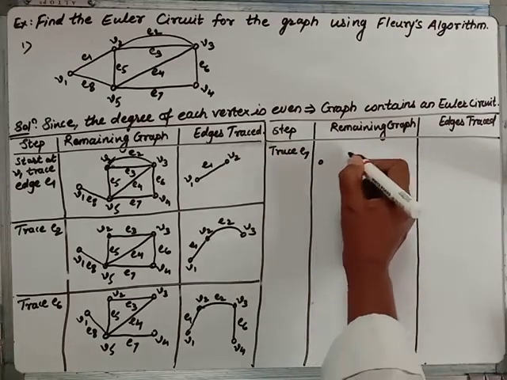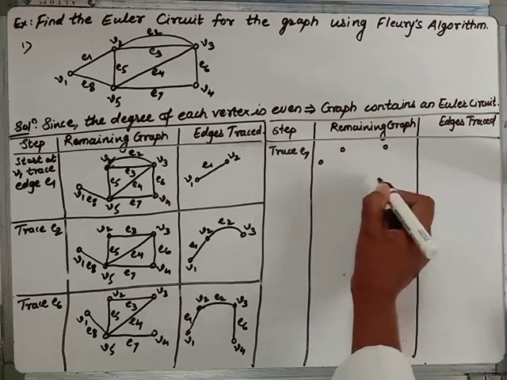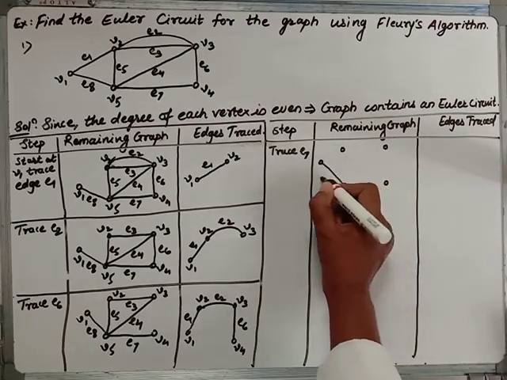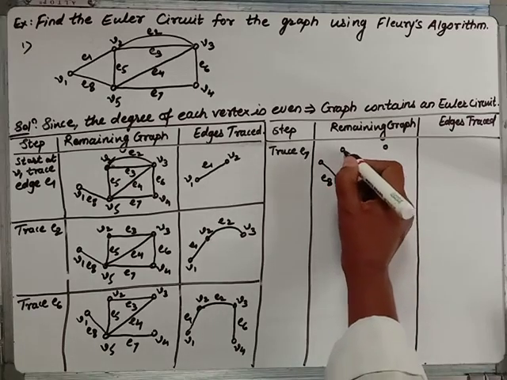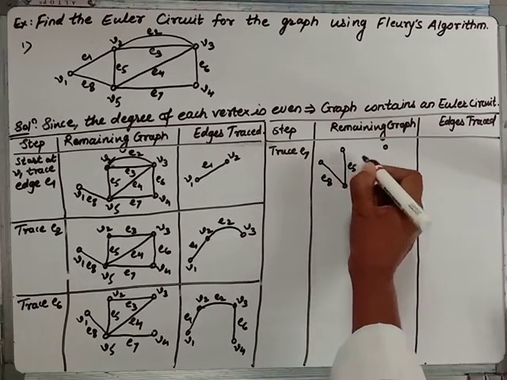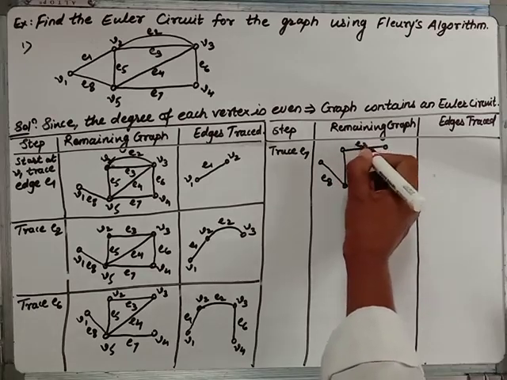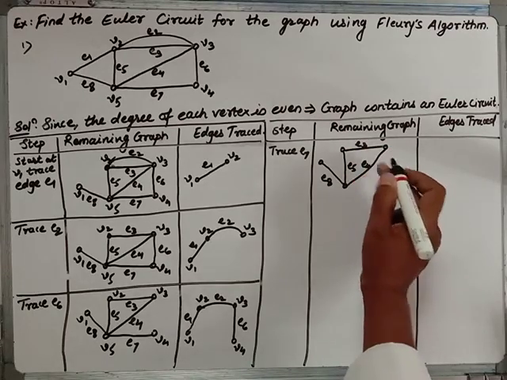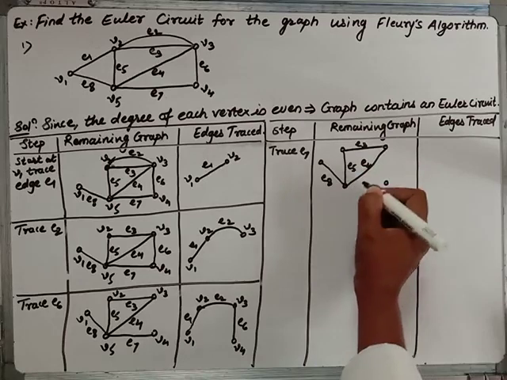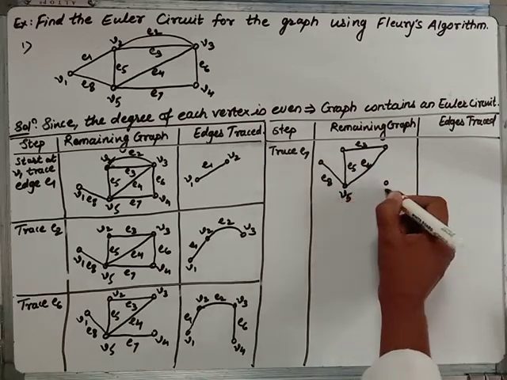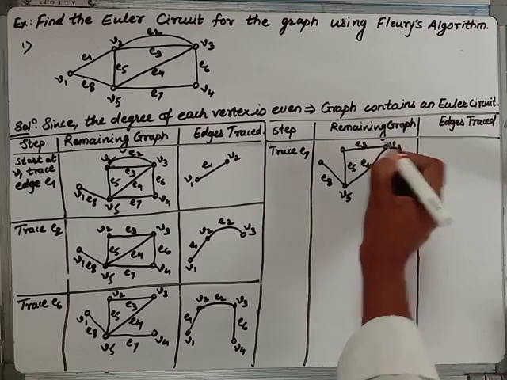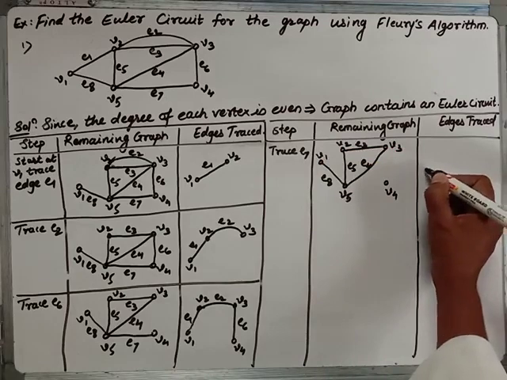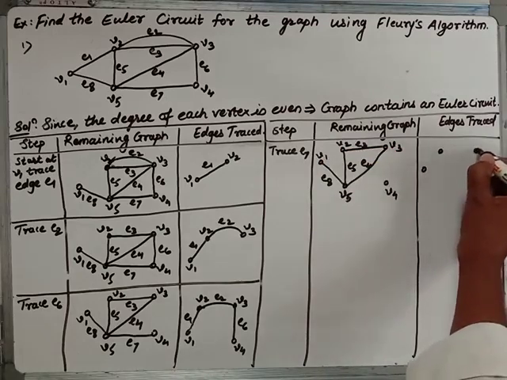V1, V2, V3, V4, V5. This is E8, and since I am tracing E7, these are left: E3, E4. Now we are tracing E7.